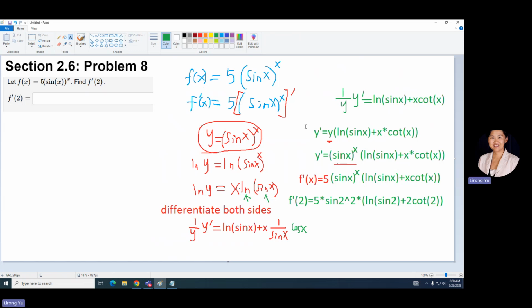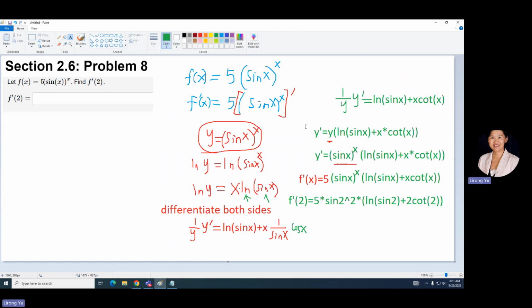Any other questions? Other questions? So you want to know the cotangent value, and we'll do tangent of 2. 1 divided by tangent 2 is cotangent 2.